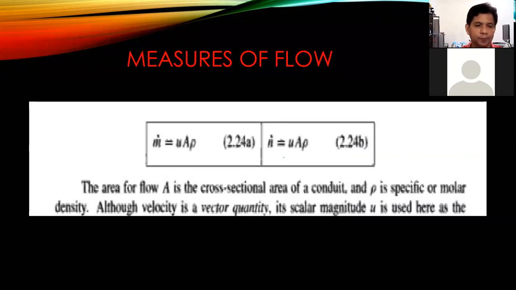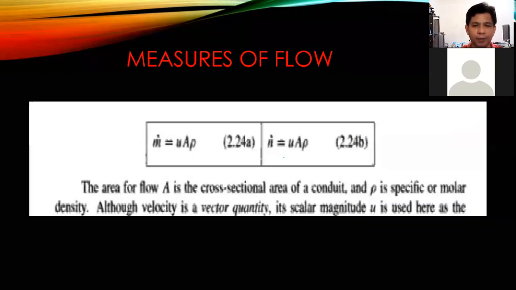Okay, so we have here an expression of the measures of flows in terms of velocity. So, di ba, have I mentioned to you that, di ko na matandaan if we have solved some problems. Tapos, then we have stated that Q, no, yung volumetric flow is equals to velocity times area.